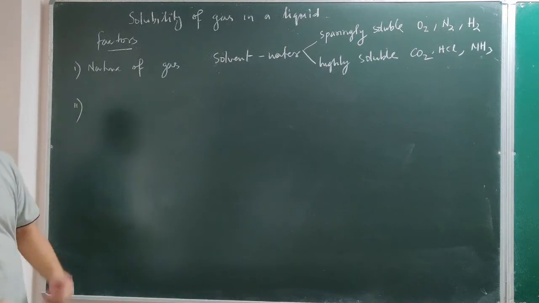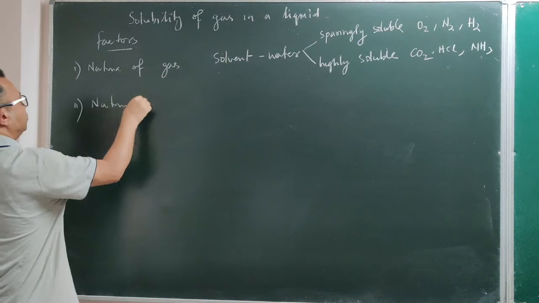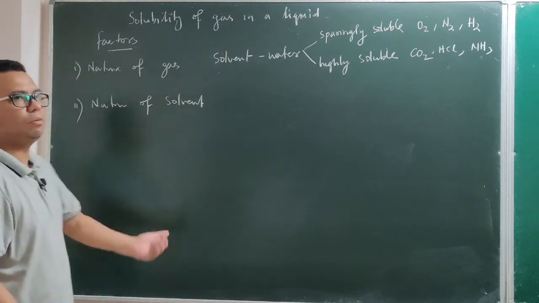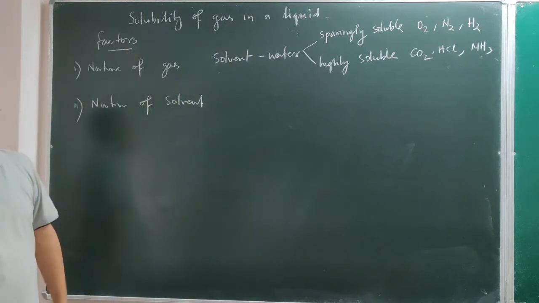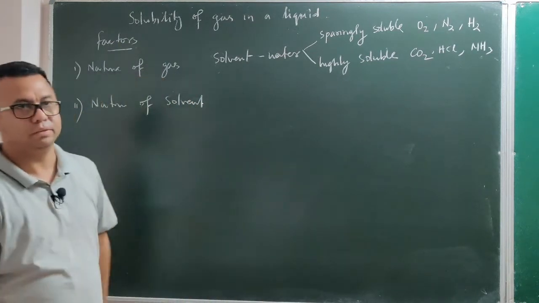Now the second factor on which the solubility of the gas depends is the nature of the solvent. We could have discussed it as a single point, nature of the gas and nature of the solvent, but let's make it into two. The solubility of the gas also depends on the kind of solvent.